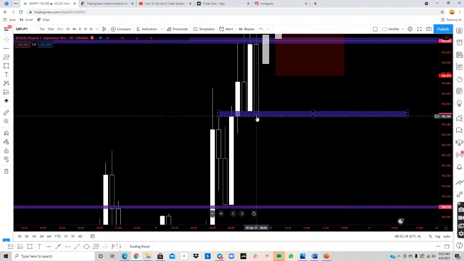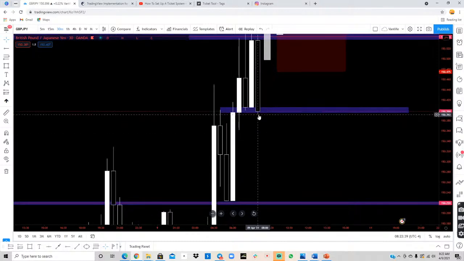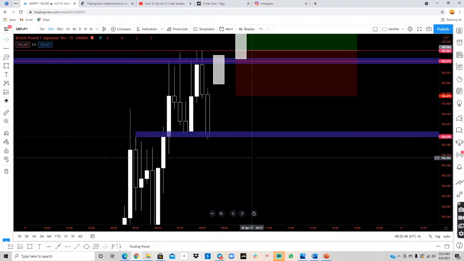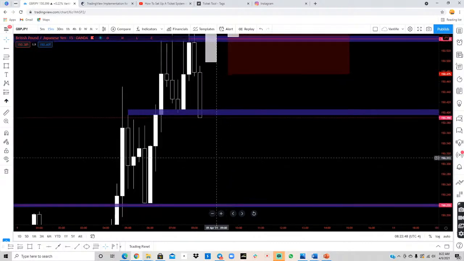As I can see, we are pulling down to this area, so let's see. If this 30-minute closes below here, then I can use like a 10 to 15 pip stop basically, and try and ride the move back down to here.